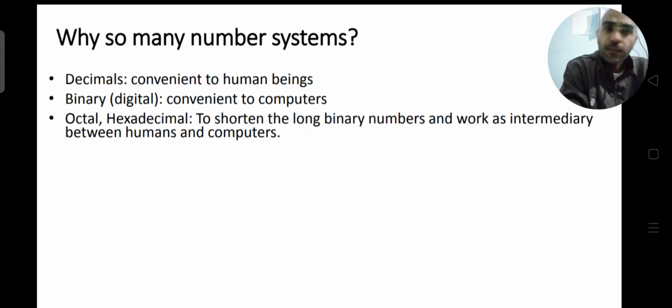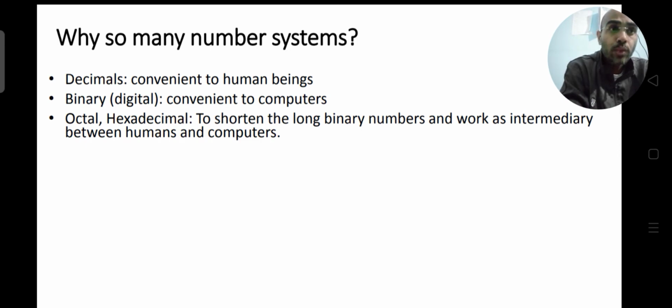But then why do we have to use other number systems, octal and hexadecimal? We know the reasons why we use the decimal and binary number systems, but what is the reason to use octal and hexadecimal? The reason is very simple. If we only use binary number systems, which have only two symbols, each symbol is called a bit.